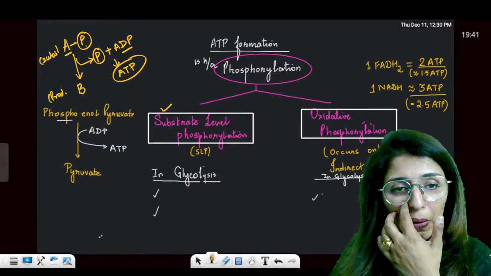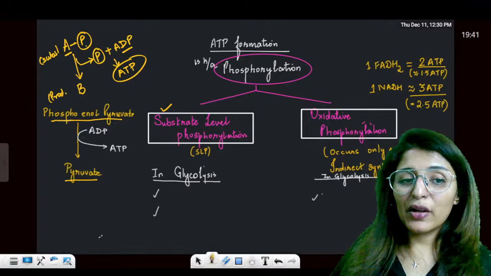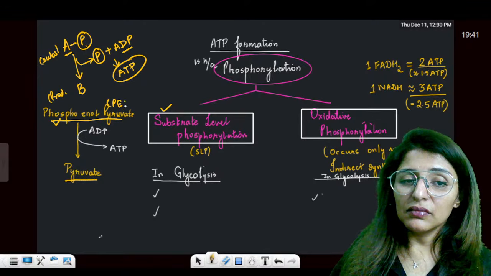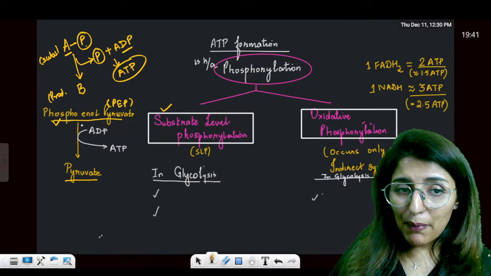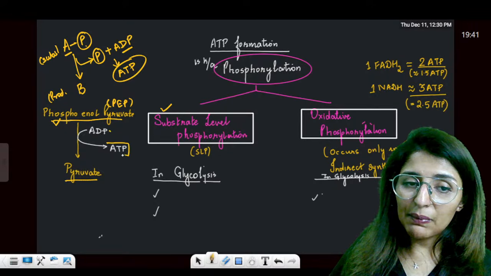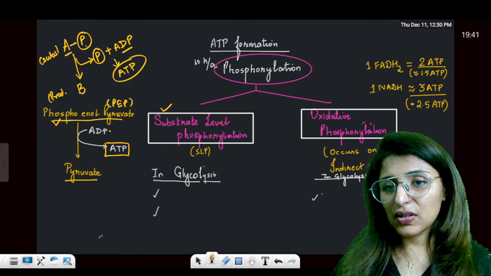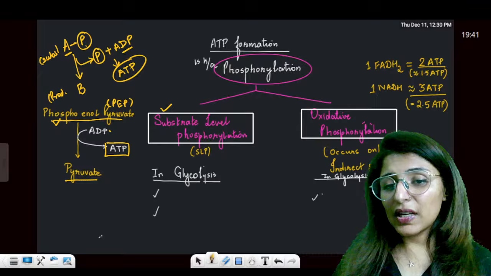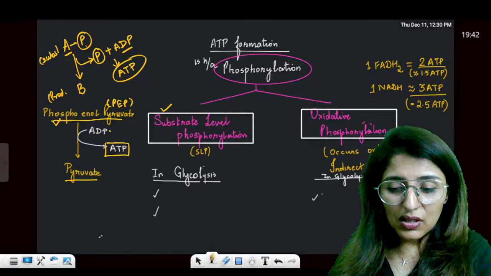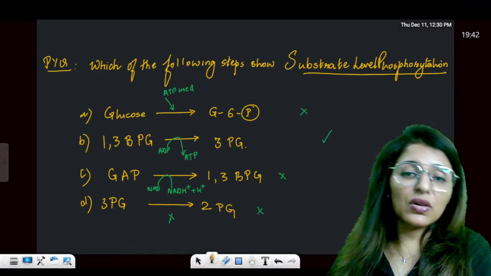For example, when phosphoenol pyruvate changes into pyruvate, the phosphate from PEP is taken out and added to ADP to form ATP. This type of phosphorylation is substrate level phosphorylation. While in oxidative phosphorylation, there will be an oxidation reaction during which ATP will be produced. That happens during ETS.